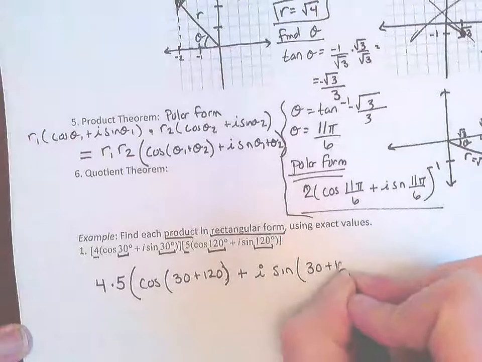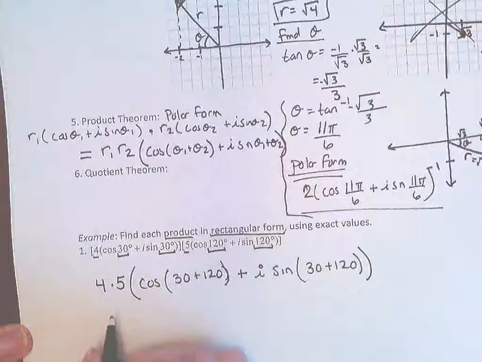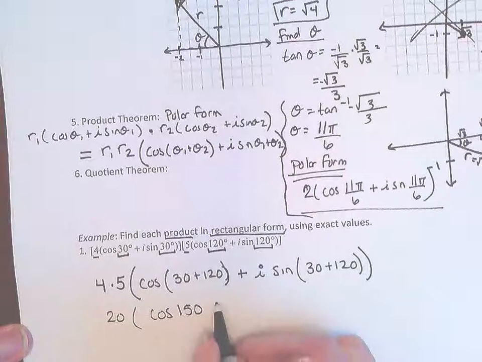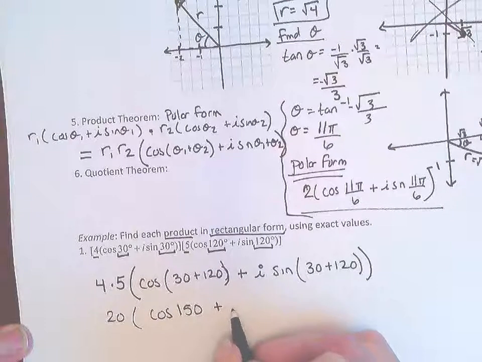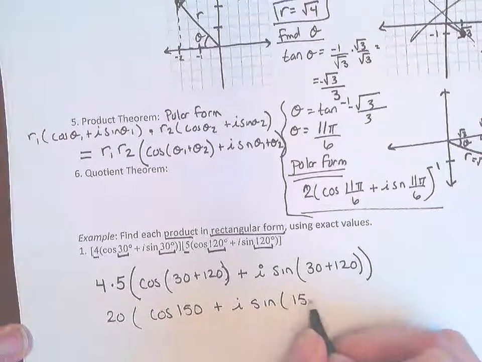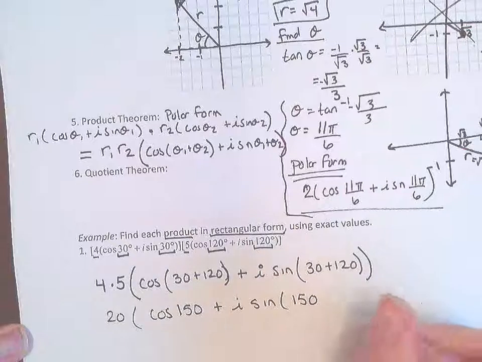So 30 plus 120. So this just becomes 20 times cosine of 150 plus I sine of 150.